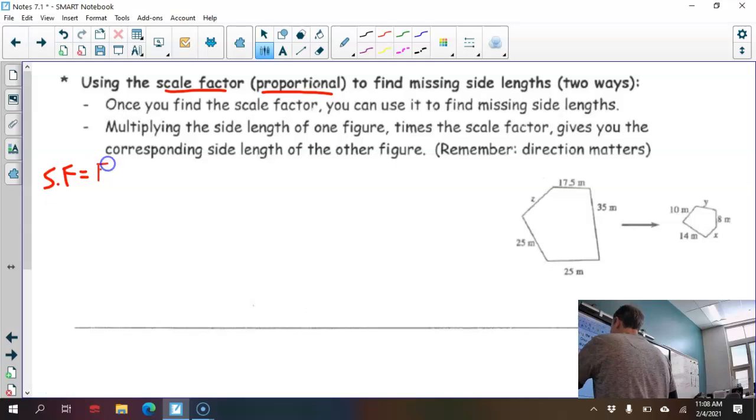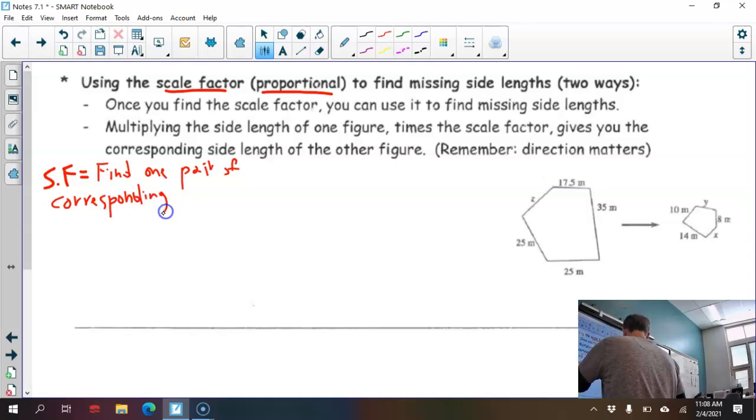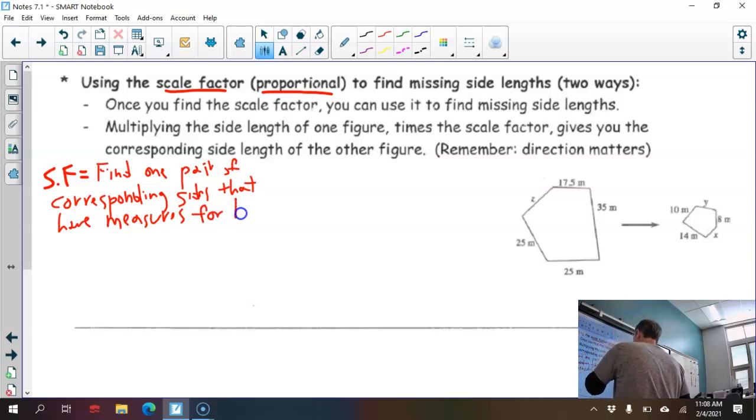All right, so what I want to do is I want to find one pair of corresponding sides that have measures for both.